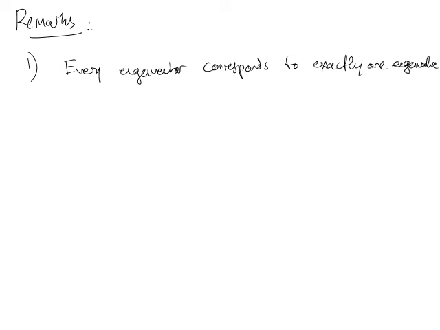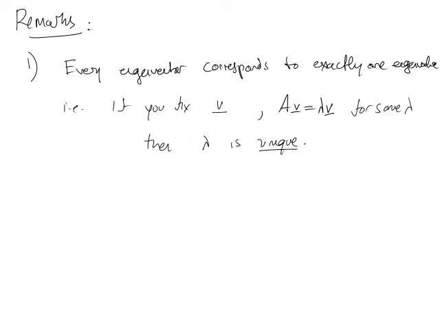What I mean by that is that if you fix some v and you tell me that Av equals lambda v, which is what's required for v to be an eigenvector, you can't have an eigenvector without an eigenvalue, then this lambda is unique. The proof of that is rather straightforward. Suppose Av equals lambda v.